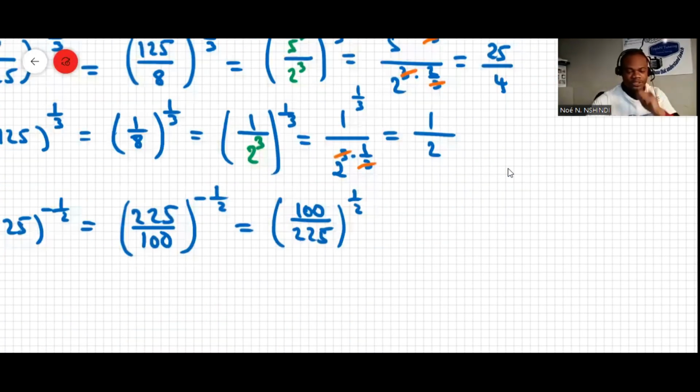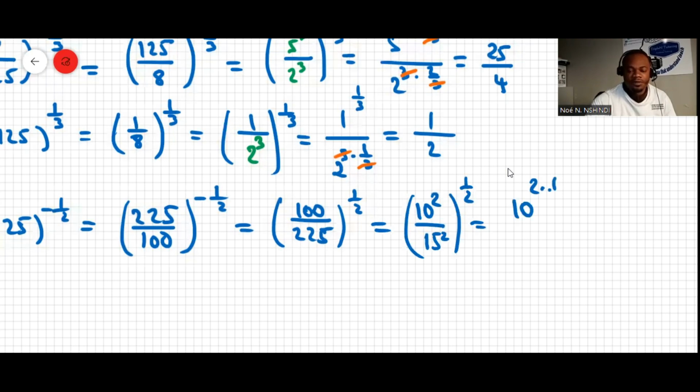And then 100 is a square number, a square of 10. 225 is also the square of 15, all to the power of a half. And this will be 10 to the power of 2 times a half over 15 to the power of 2 times a half. And then we can simplify 2 and 2, and then 2 and 2 there. And then the answer is 10 over 15, which is 2 over 3. Okay, thank you.